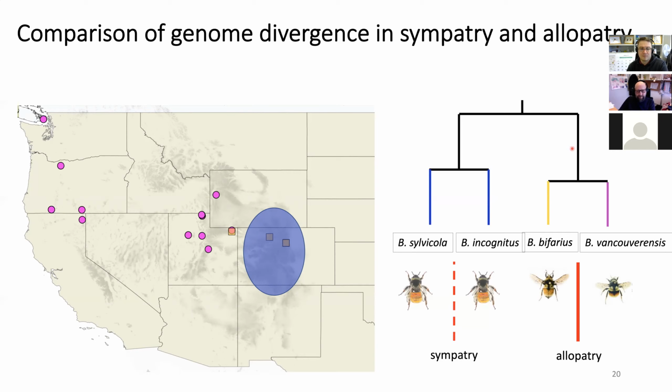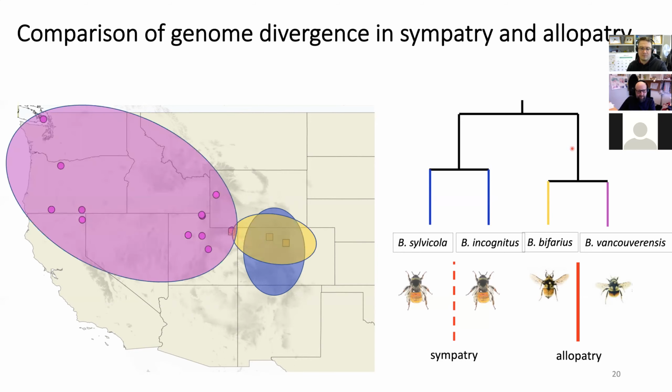So their ranges are mainly not overlapping and they have had less opportunity for gene flow in their history. These were the two comparisons that we wanted to do in order to understand the differences in genome divergence in a pair of species where gene flow is possible and another where it's probably less likely.